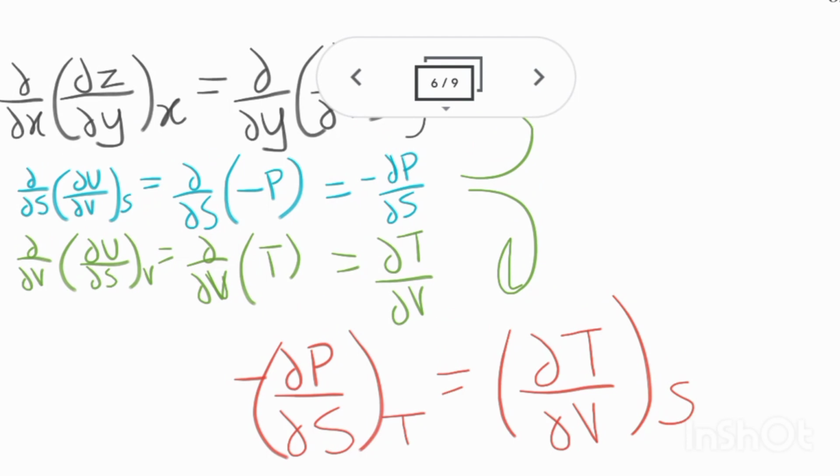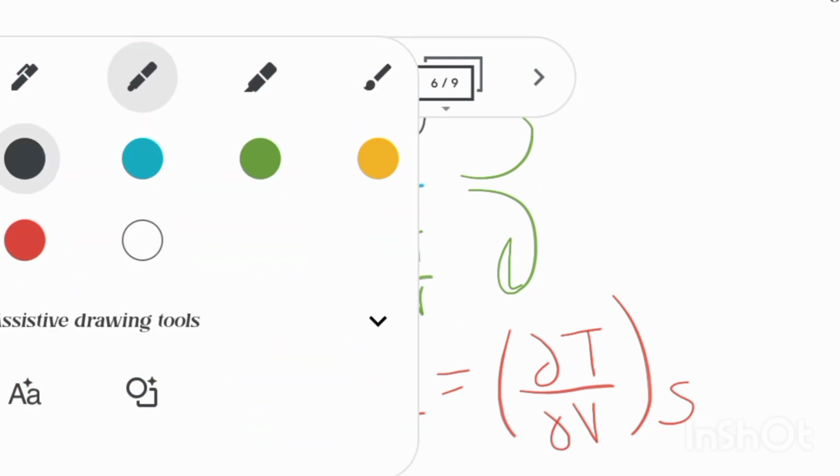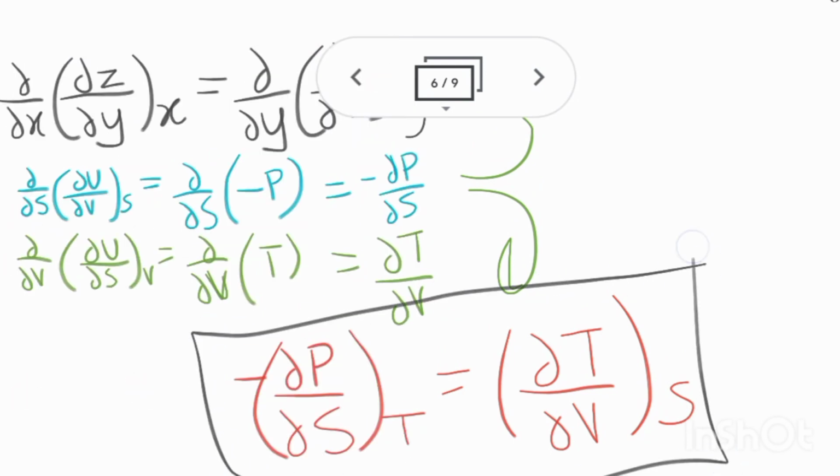So this is only one of the relations I have calculated. This is the first relation I derived from dU equals TdS minus PdV. Now you can also calculate the other three relations and check with the answers.